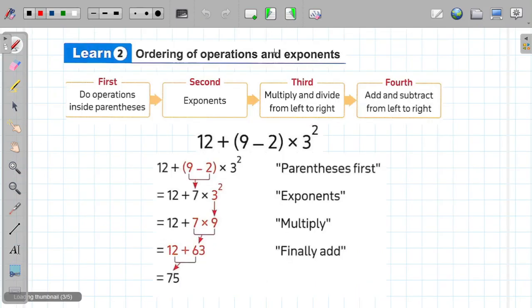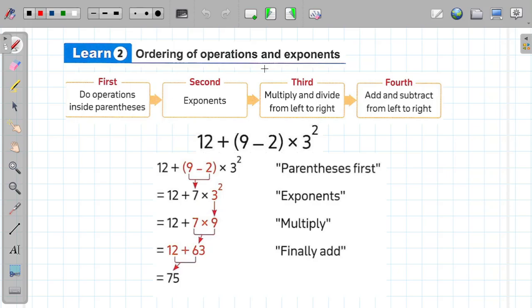Next, I have the order of operations: parentheses, exponent, multiplication and division, and addition and subtraction. When we have all of these operations at the same time, we need to solve these parts in a specific order.